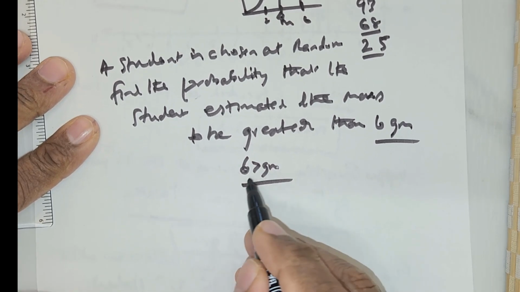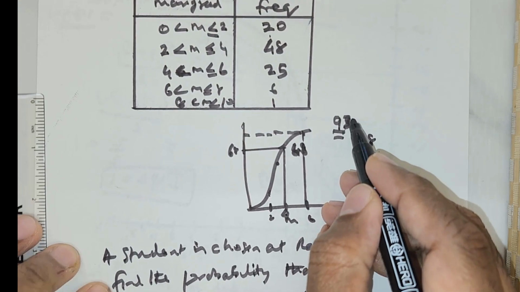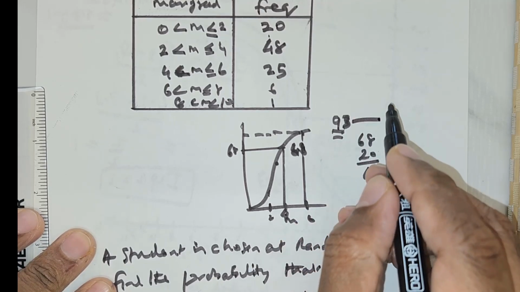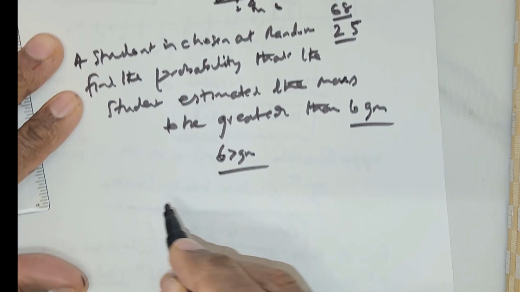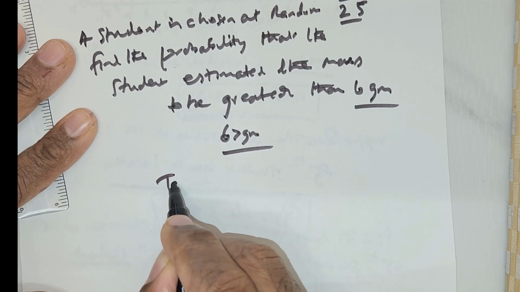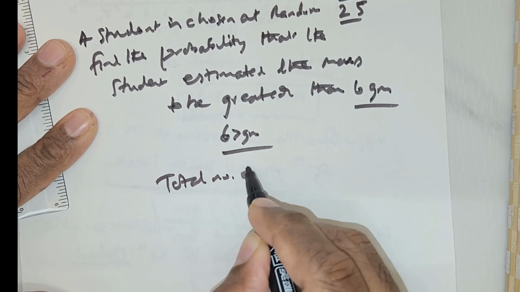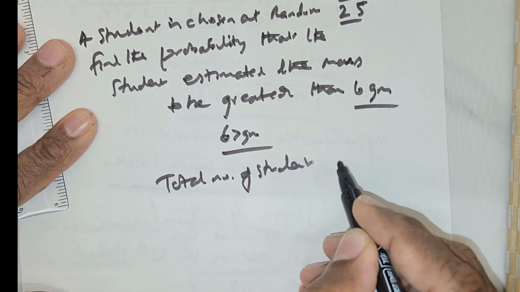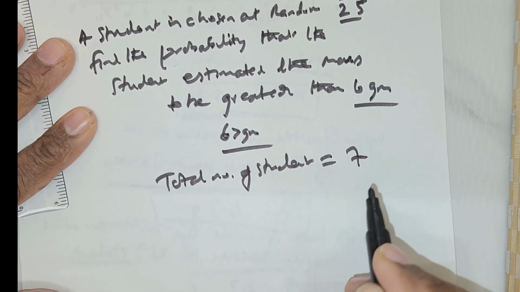The number of students who have estimated above 6 grams is falling after 93. So there are 100 students, so the total number of students who have done this is actually 7.